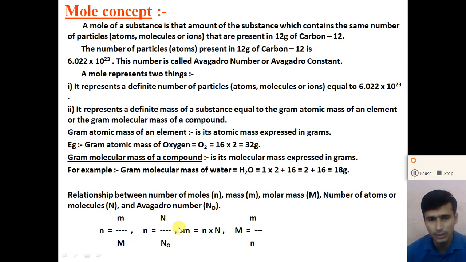From these two formulas we can easily calculate the mass of the substance, or the molecular mass, which equals the mass divided by moles. These formulas are important for calculating the moles, mass, and number of atoms present in a substance, which we will discuss in the next video.